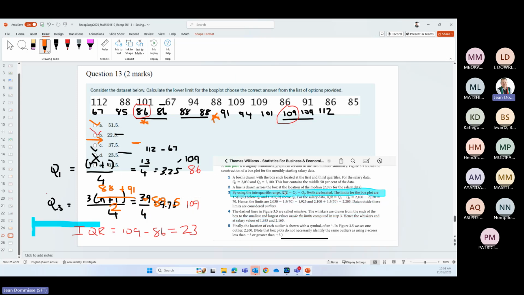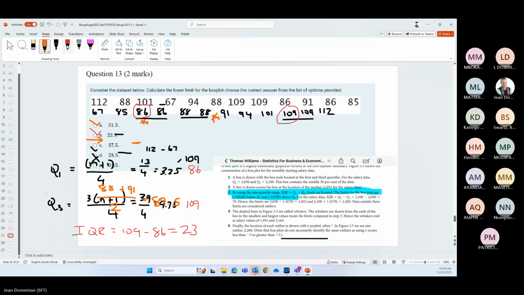So that's why I thought, let me just include it again, because I'm always worried that they ask this in the exam and then one uses the wrong formula, because we've been talking about interquartile range, we've been talking about the limits and quarter one, quarter three, but now consider the data set, calculate the lower limit of the box plot.